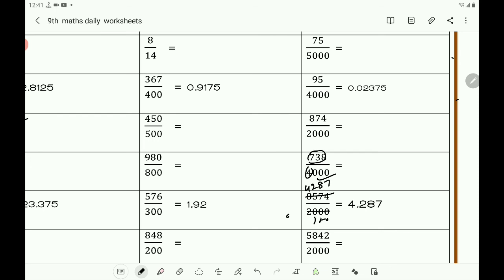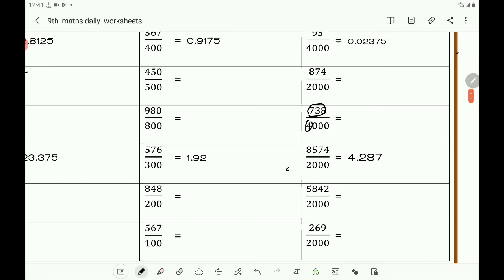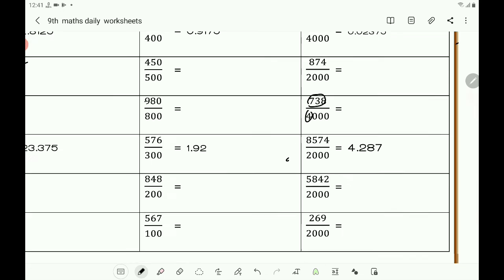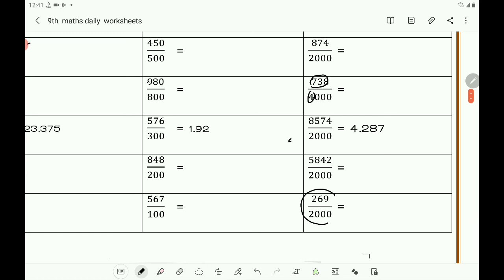You got 427 by 1000? Then you can convert this into decimal. Here also both of them are divisible by 2. So here you will get in the denominator 1000. If the denominator is having 1000, then you can easily convert.